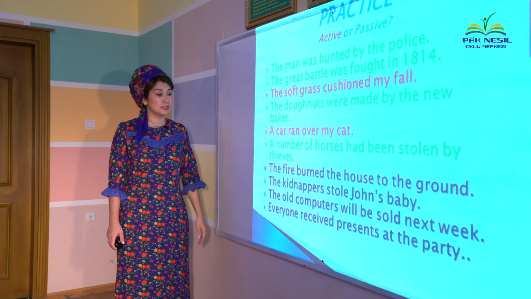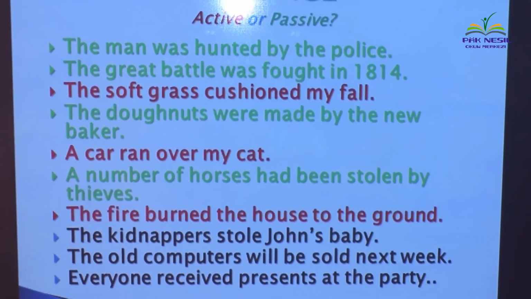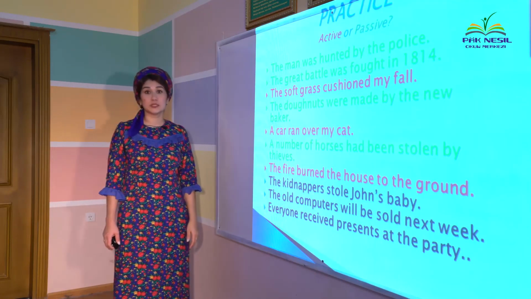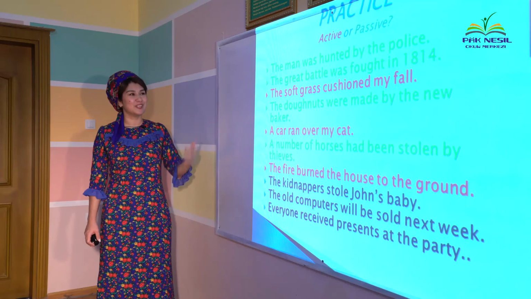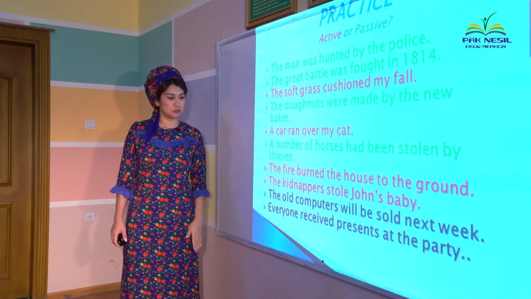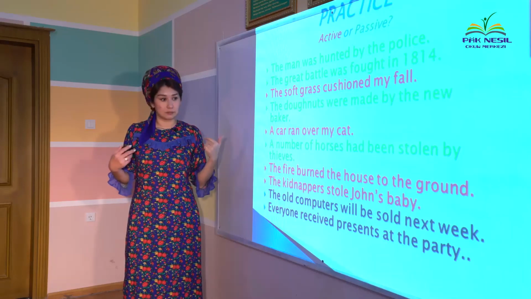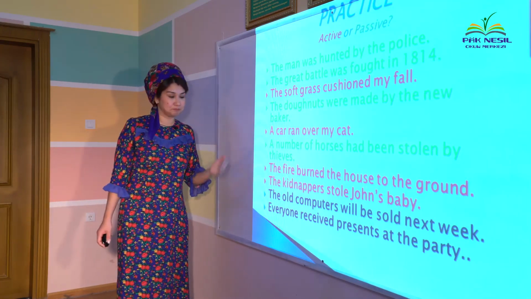Of course, this is an active voice sentence because, again, subject, verb, and the object, right? It's simple. So the next sentence is, the kidnappers stole John's baby. Just think it over, if it's object here or subject here. Of course, this is subject here, and this sentence is in active voice, right? The kidnappers, subject, stole, the verb in past simple form, and John's baby is the object, right?